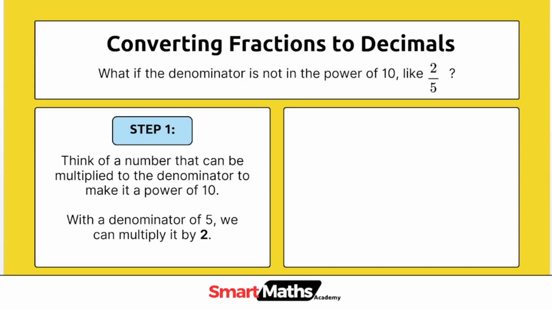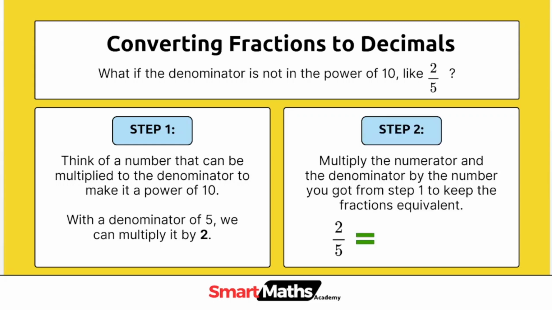Once you multiply the denominator by 2, you must also multiply the numerator by 2. So that's what we say there. Multiply the numerator and denominator by the number you got from step 1, and we got 2, to keep the fraction equivalent. So we multiply 2 by 2 and 5 by 2. That would then give us 4 out of 10, that is 4 tenths. If you put it on the place value, that's going to give us 0.4.